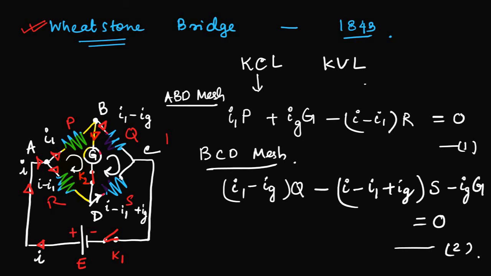Then you can see the arrow direction in the CD arm is like this. Why so? Because the current coming here at point D will again add the IG value, right?